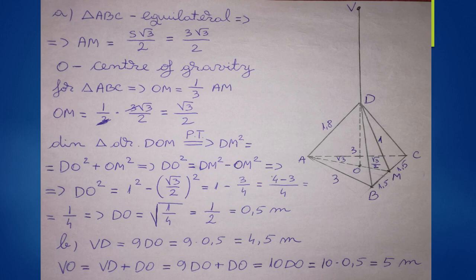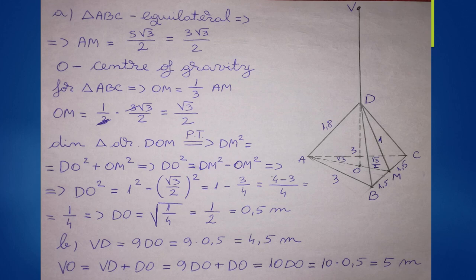O is center of gravity, so for ABC triangle, we have that OM is 1/3 of AM. OM is equal to 1/3 of 3 square root of 3, everything divided by 2, which is equal to square root of 3 divided by 2.